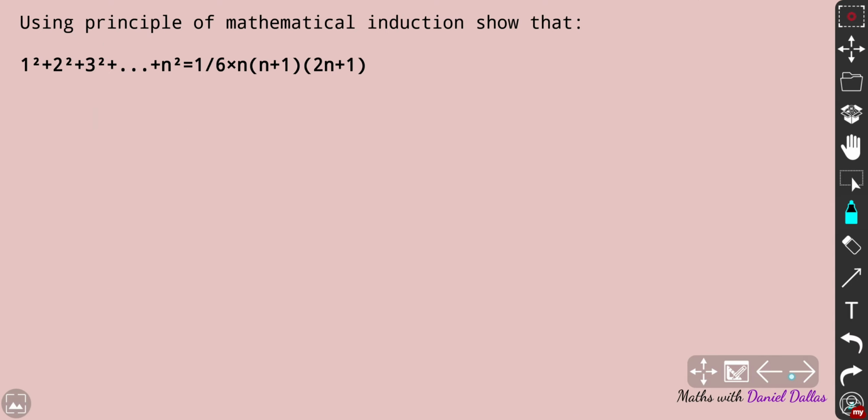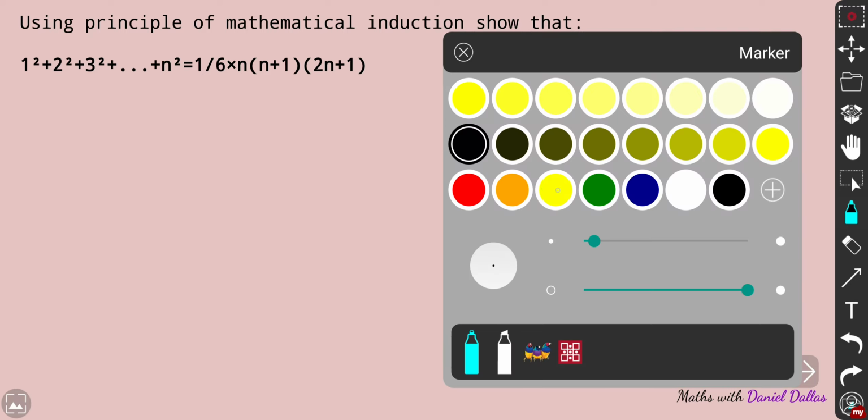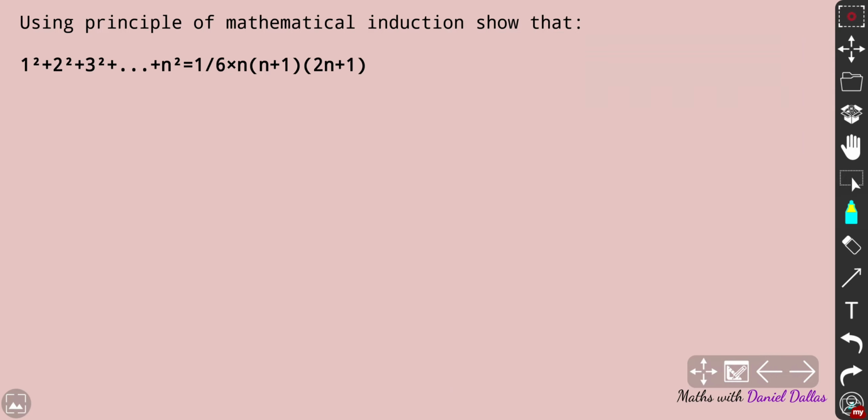So here it's the same. We need to use the principle of mathematical induction and show that. In this case, I'll just speed up a bit. Let's check for n equals 1. We simply get 1 squared, because with n equals 1 there is just one single term.